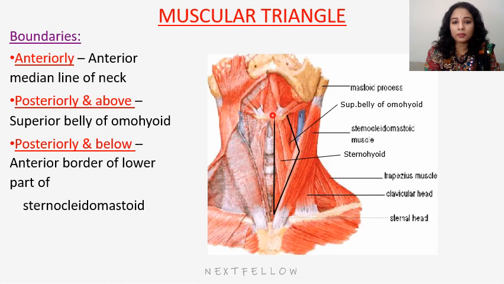So this median line forms the anterior boundary, and posteriorly and above, that is the postero-superior boundary, it is formed by a muscle here which is called the superior belly of omohyoid, which attaches to the hyoid bone. Postero-inferior boundary is formed by the sternocleidomastoid, which forms the base of the triangle. So this is the muscular triangle.